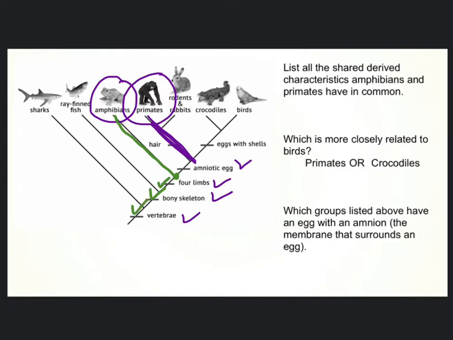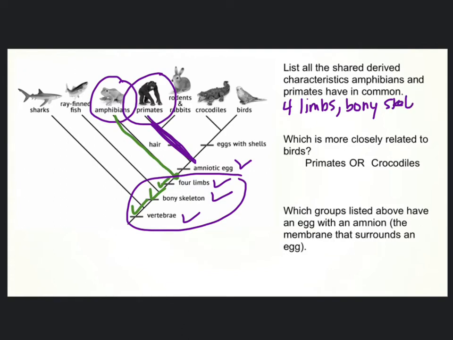They have vertebrae. Yeah. So, which things do amphibians and primates have in common? Both of them have 4 limbs, a bony skeleton, and vertebrae. Amphibians do not have an amniotic egg.